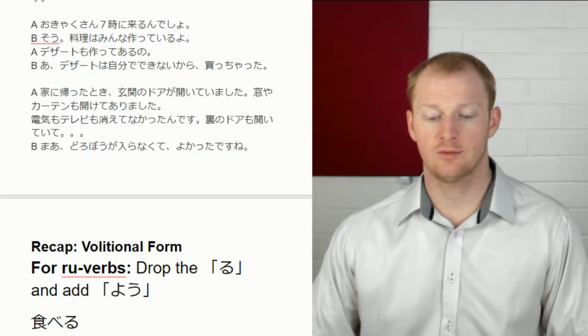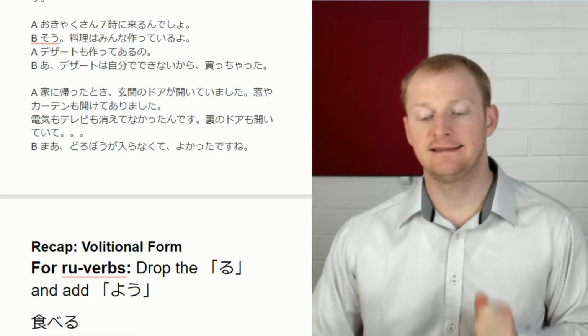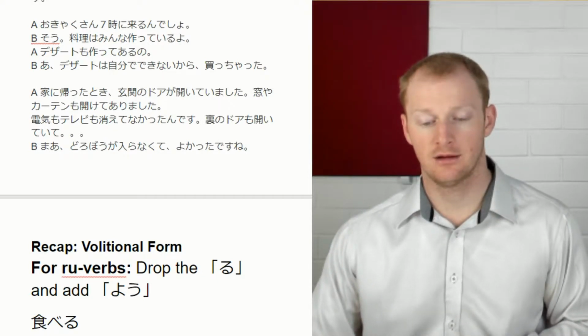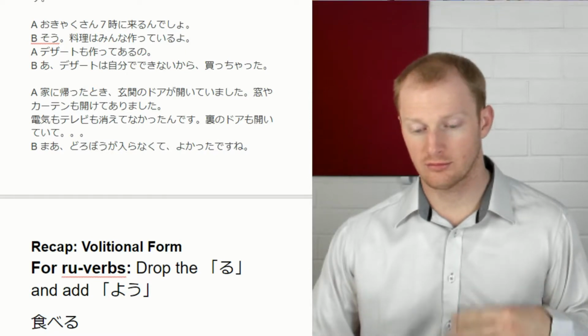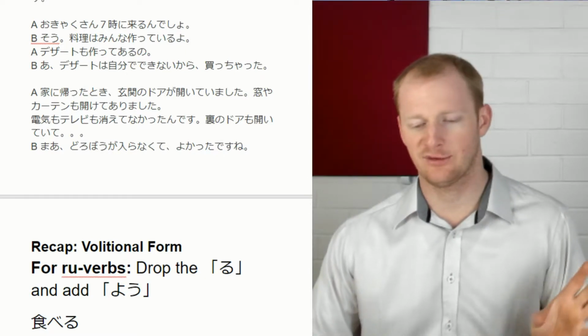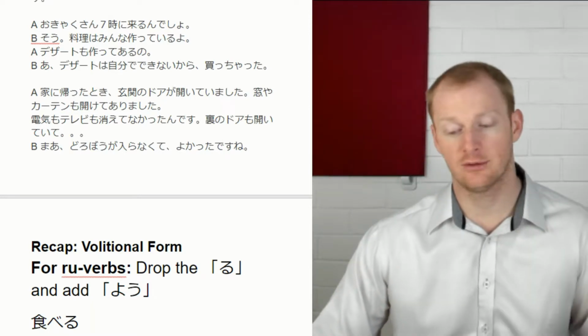All right, last one. We've got 家に帰った時、玄関のドアが開いていました。窓やカーテンも開けてありました。So when I came home, the entrance part of the house, the genkan, I'm not really sure how you say this in English, the place where you take your shoes off. 玄関のドアが開いていました。So the 玄関 door was open.